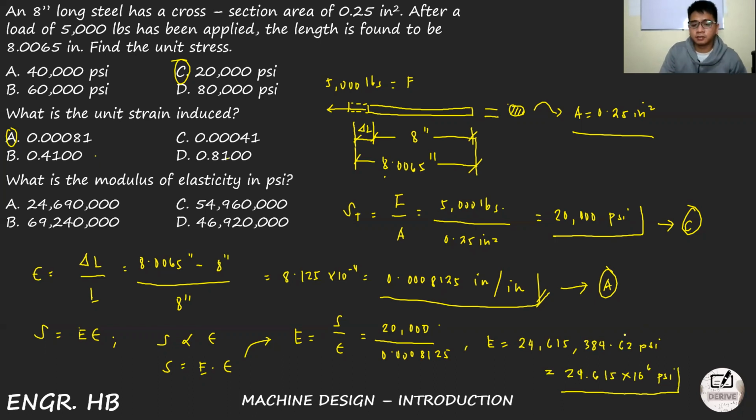So, meron ba siyang malapit? Ayun. So, that was for letter A. 24 and 690. So, medyo malayo, no? Hindi naman sa medyo malayo. Pareho naman siyang 24 million. And siya lang naman 24 million sa choices. Kaya nagkaganon, guys, kasi ang choices dito sa second item is 0.0081.